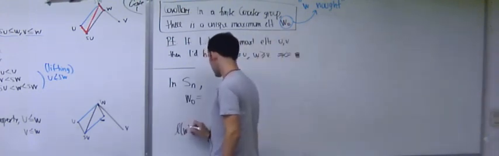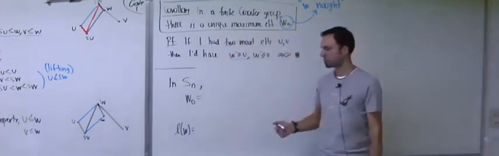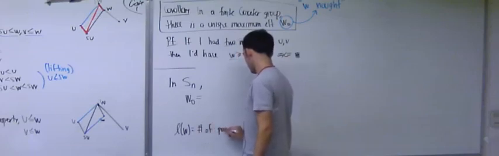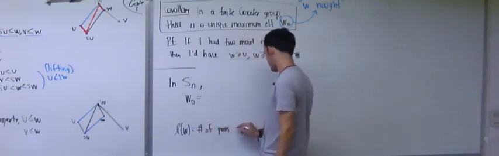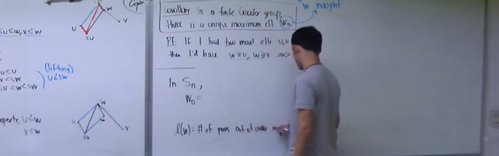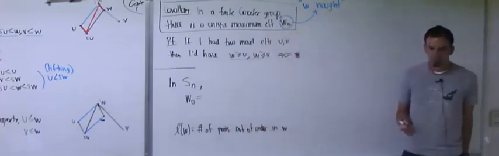Well, let's remember what the length of W is. The length of W is the number of pairs which are out of order. It would be a permutation looking backwards. Exactly.